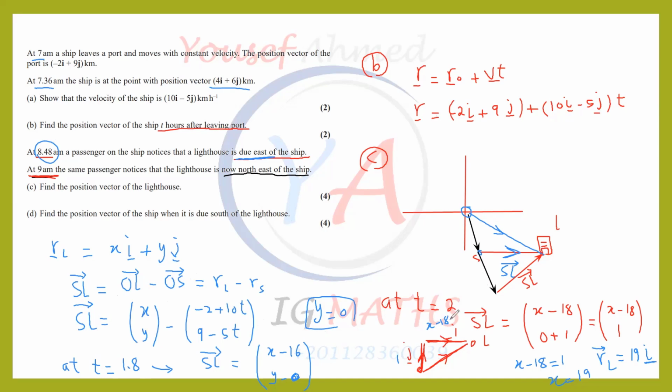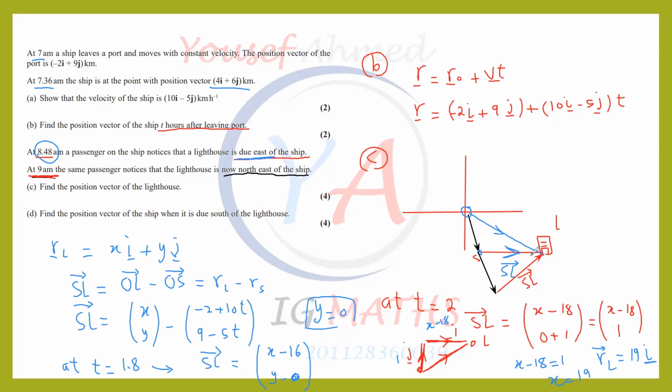After 2 hours, you replace the value of t by 2, so minus 2 plus 10 by 2 gives 18, and here it gives minus 1, so it will be x minus 18, and the y is 0 because it's due east. 0 minus 1 minus minus 1, it will be 0 plus 1.